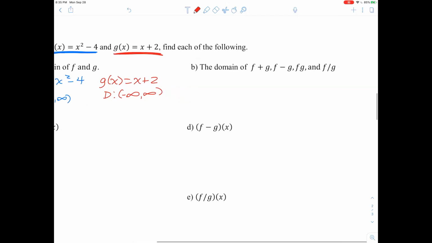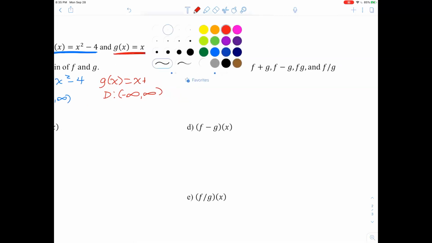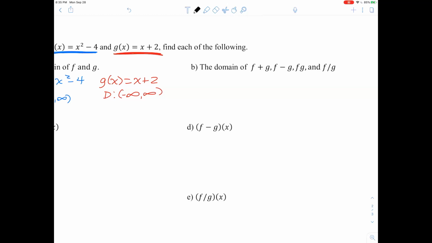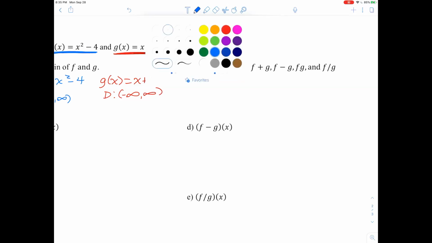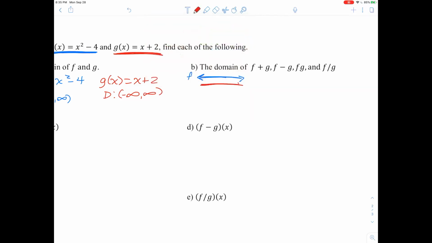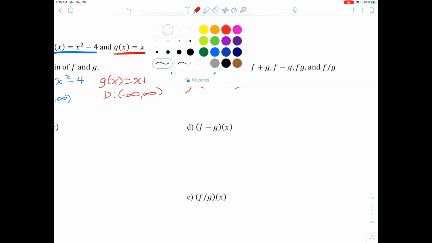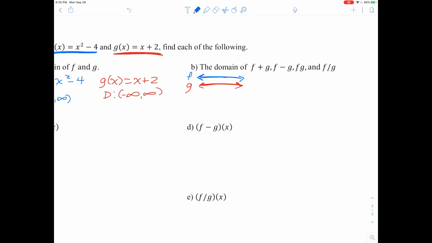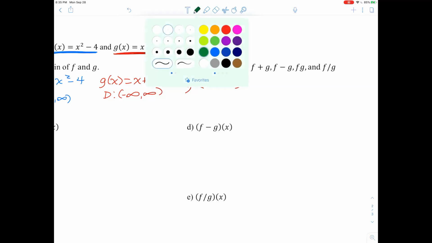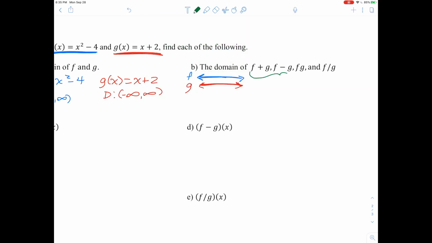So since the domain of your f is negative infinity to infinity, and the domain of your g function is also negative infinity to infinity, then the domain of, I'm just going to do this in green, f plus g, f minus g, and f times g would all have a domain of negative infinity to infinity.